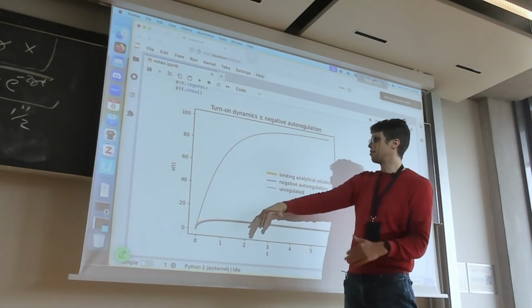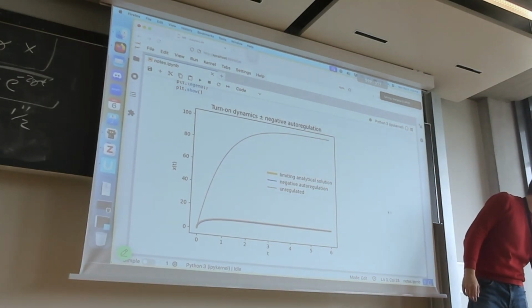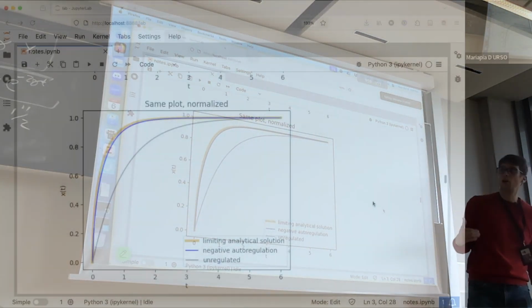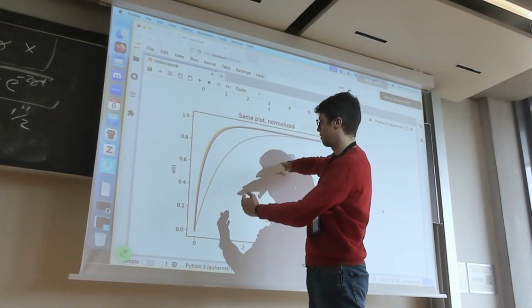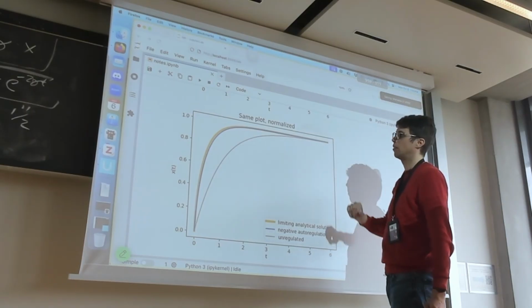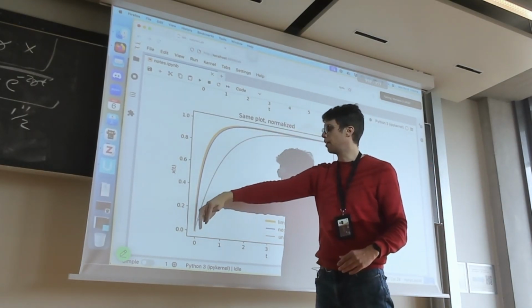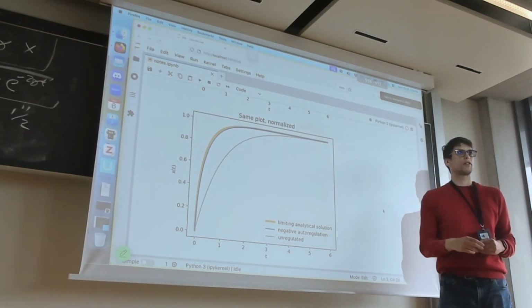Of course, here you see the unregulated goes much higher. This was to be expected. We set it up that way. We want to have high autoregulation. But now we're normalizing again. So this big steady state of the unregulated system, now we're bringing it down to 1. And here we see exactly this. We see that in the normalized system, the regulated system is quite a bit quicker than the unregulated system.